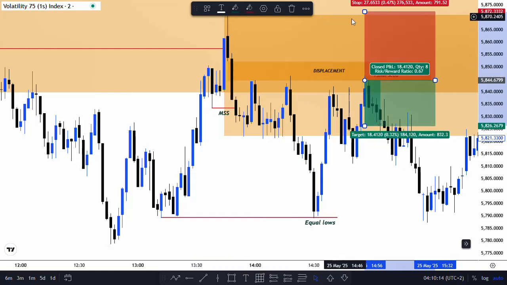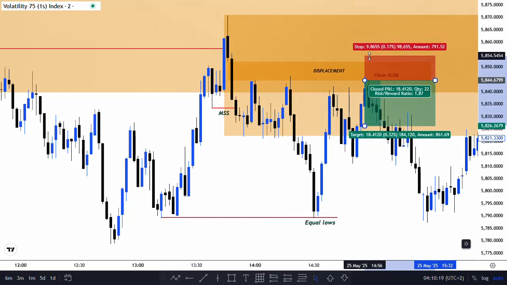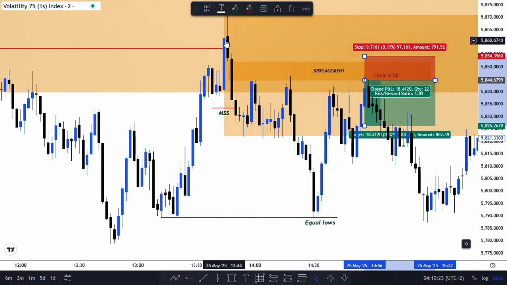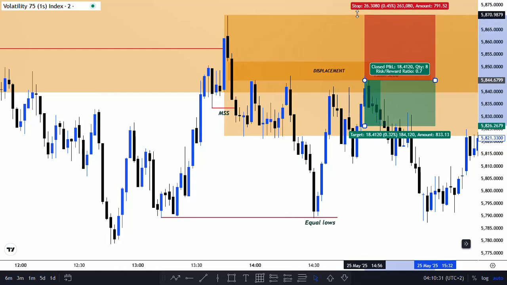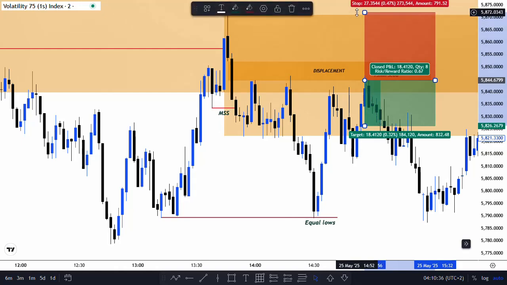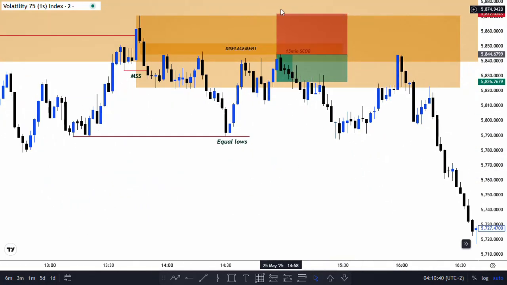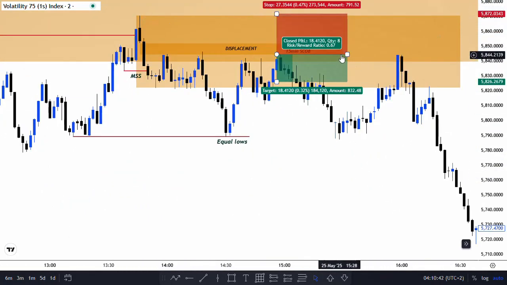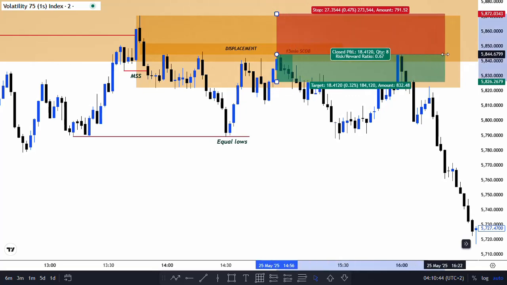And the reason the stop loss was not put just above the displacement is because you have a single candle order block there. Price can easily go into that single candle order block and then just take you out, and price just leaves you hanging. So it's very important that you just be aware of your surroundings. Yeah, just to be safe, you can put your stop loss above that swing high, just like that.